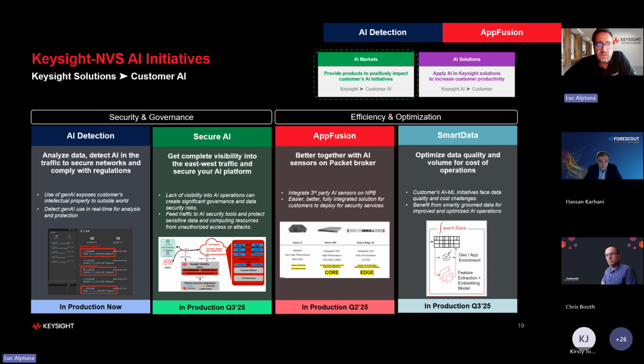Last, I want to also mention a few pieces of information. We have also improved in the area of security governance with AI detection, secure AI, App Fusion, which I talked about a little bit, and smart data. AI detection, specifically: the 2023 IBM report says that 82% of businesses see AI-related risk as a top priority.